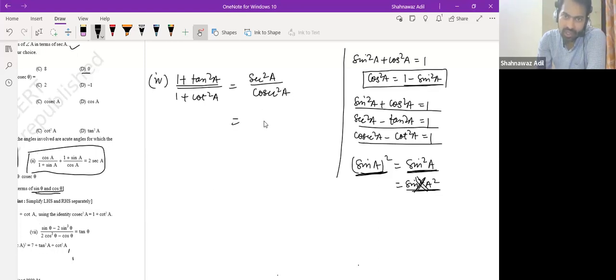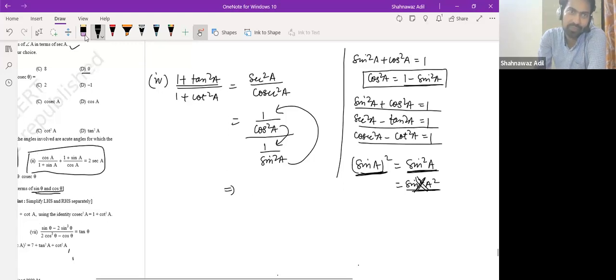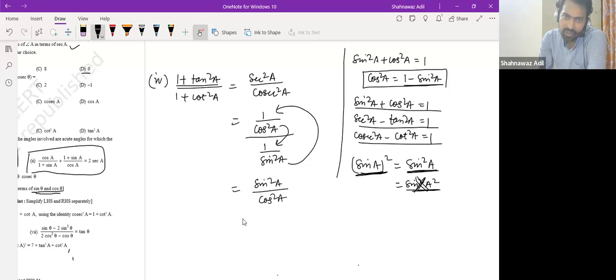So sec square A is 1 by cos square A, and cosec square A is 1 by sin square A. So this is the denominator, this goes in the numerator, and this goes in the denominator. So what do we have? We have sine square A by cos square A, which is what?